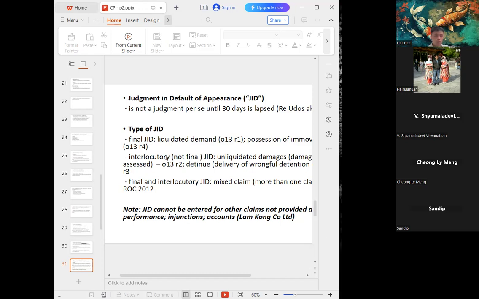This is my experience, because the new bankruptcy act was enforced in 2017 and the threshold was increased from 30K to 50,000.